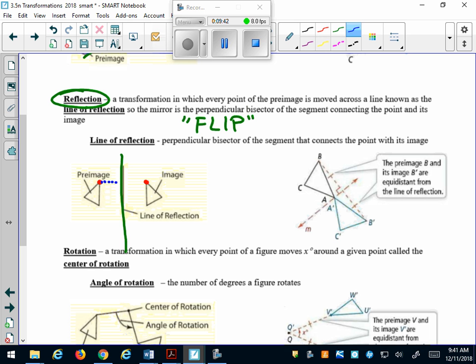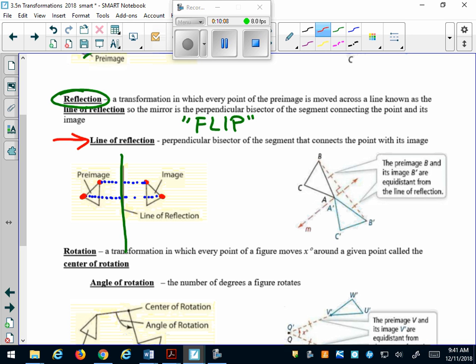From there to there as from there to there. Every point is moving the same distance across. From here to here is the same as here to there. So those two points are the same distance from that reflection line. So that's what this refers to here.